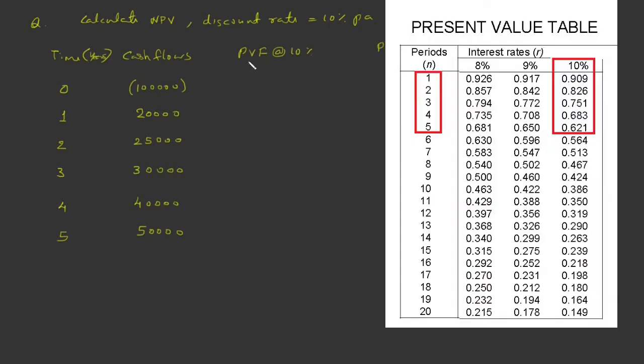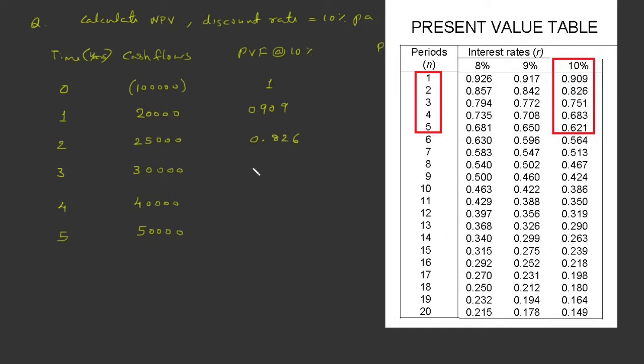We know present value factor at 10% for time t is equal to 0 is 1. Present value factor at 10% for time t is equal to 1 is 0.909. Like that, for time t is equal to 2, it is 0.826.